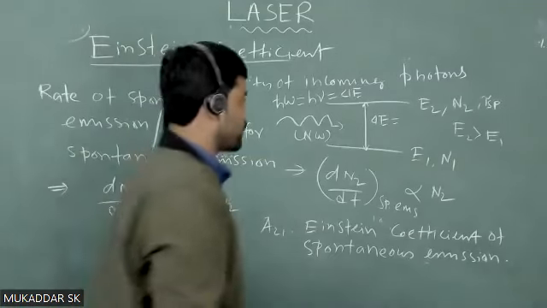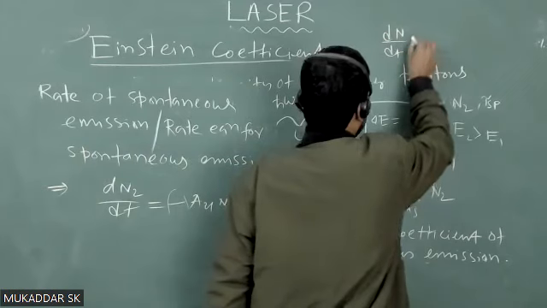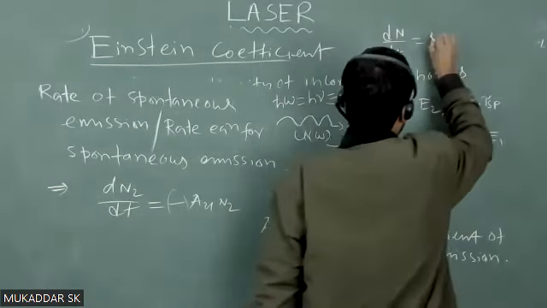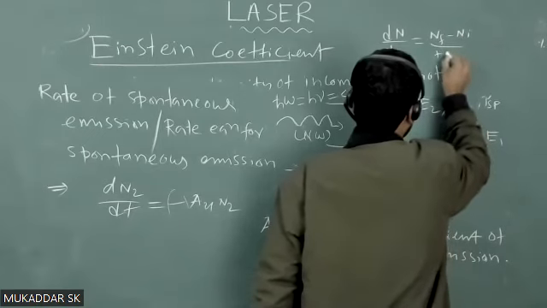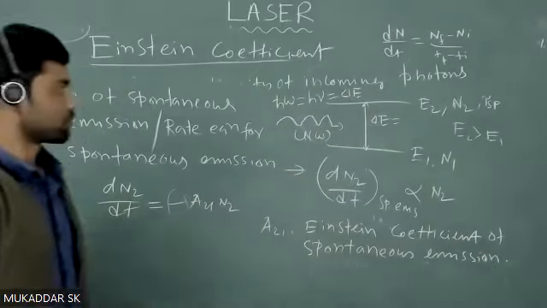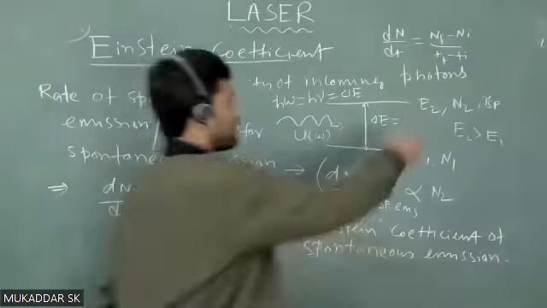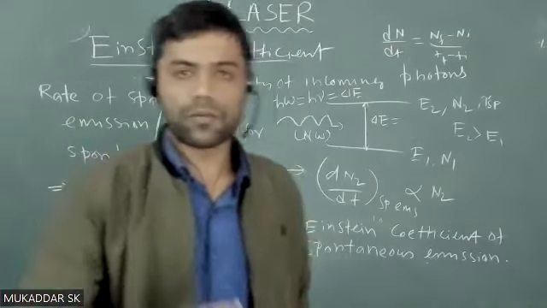So dN by dt, what is the meaning of this? It means final population minus initial population divided by final time minus initial time, right? TF minus TI is a positive number because you are looking with progressive time.